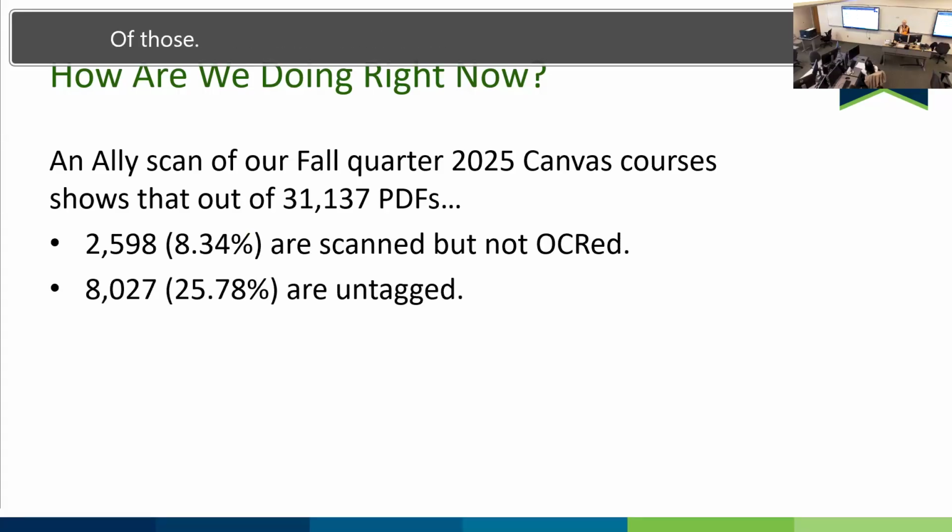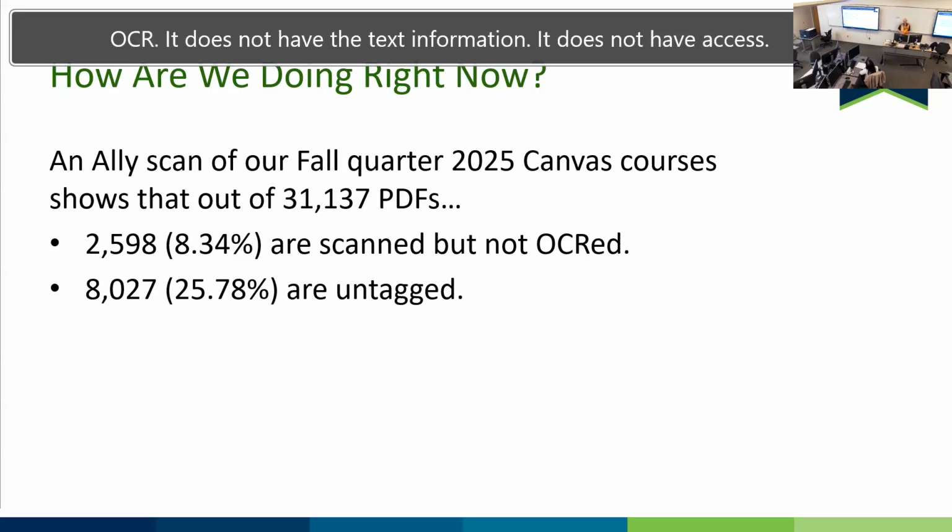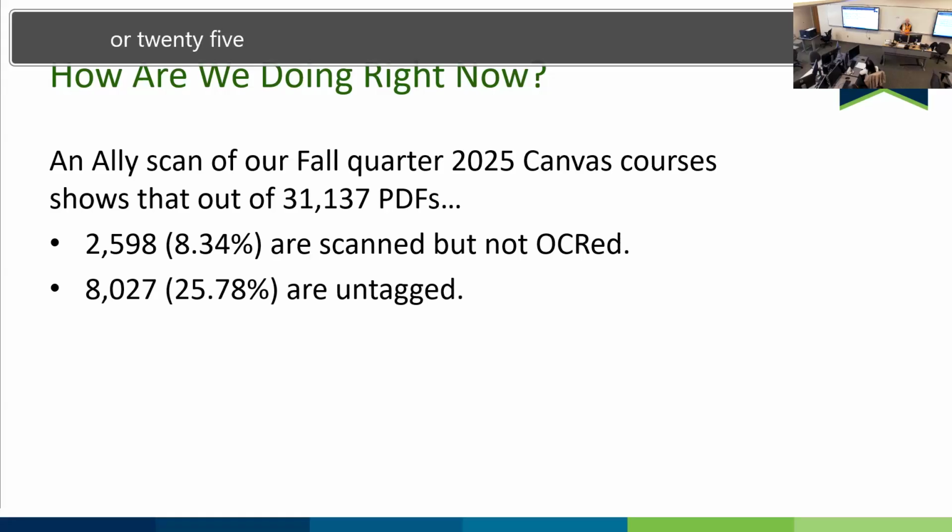Of those 31,000, 2,598 or 8% of them are the very first type. That is a scanned image, but it has not been OCR'd, it does not have the text information, it does not have accessibility information. And then there are another 8,000 or a little over 25% that are untagged. So they're that second type. It's a digital document.